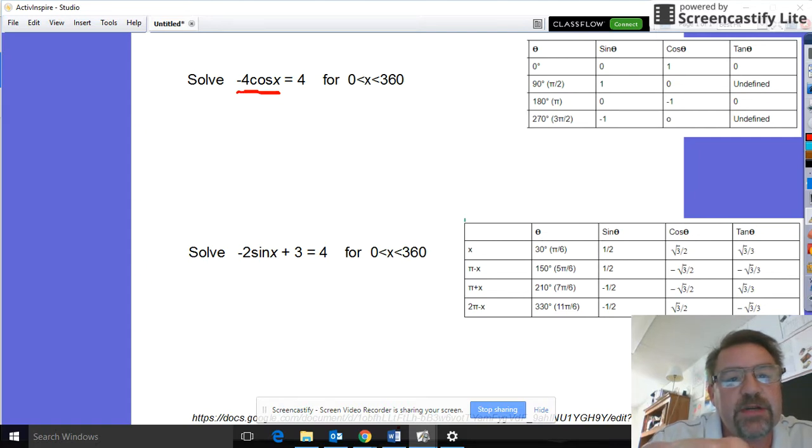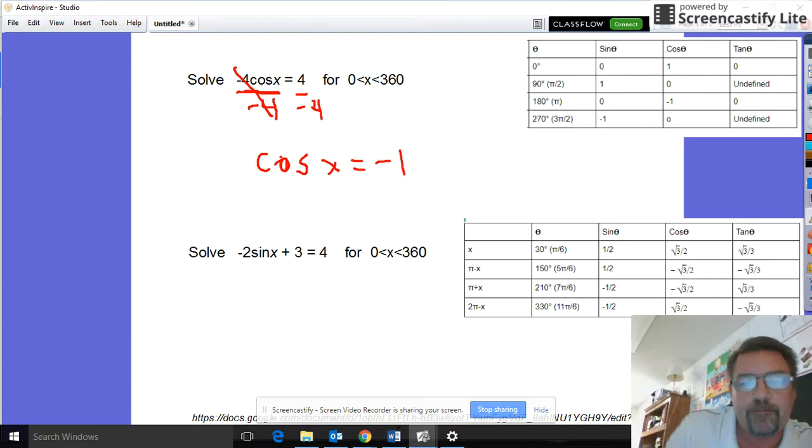We see that it's being multiplied by a -4, so we do the opposite and divide by a -4. Whatever's in front of that being multiplied is what you want to divide by. Now, the reason we do that is to get that to cross out. And we are left with cosine x equal 4 over -4, which is a -1.